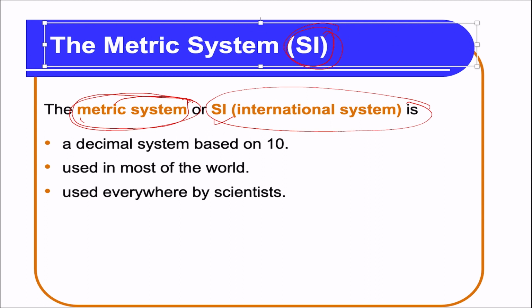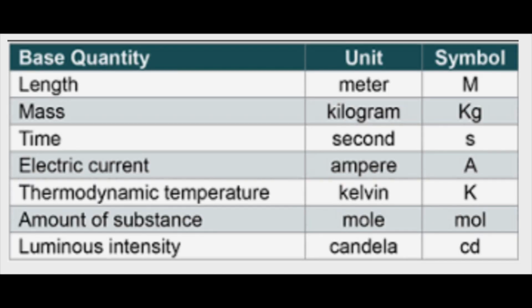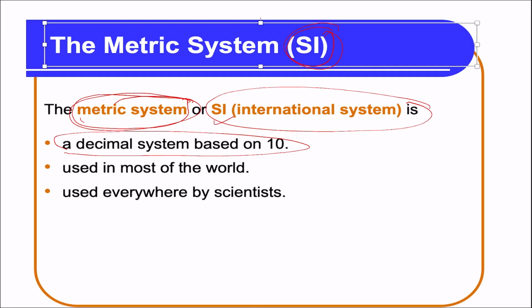It comprises basically 7 base units, a coherent system of units. It is based on the decimal system, base 10, because it is easy to convert. For example, the length of the stick is 100 centimeter. If I want to convert it into meter, it would be 1 meter.